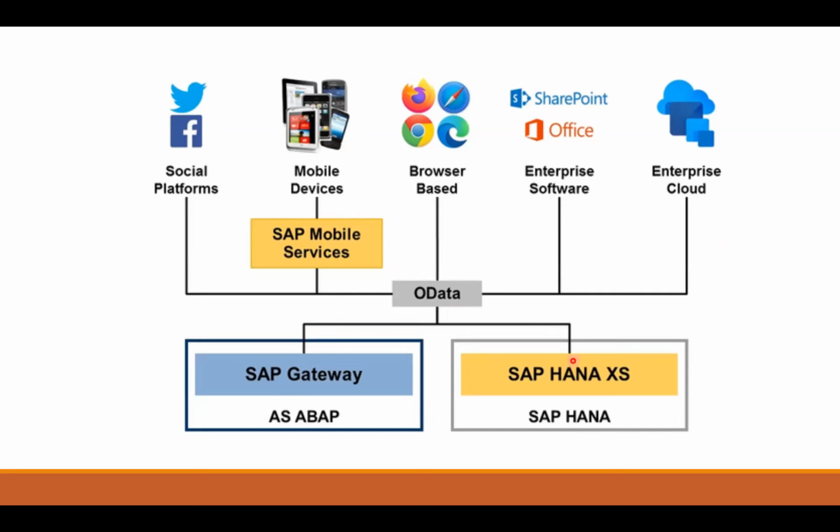And this leg here, SAP HANA Access and SAP HANA. We can even go ahead and build OData services based on the SAP HANA database as well. Like SAP Gateway in our landscape, we have SAP HANA Access Engine to accommodate all these functionalities on top of the SAP HANA database.